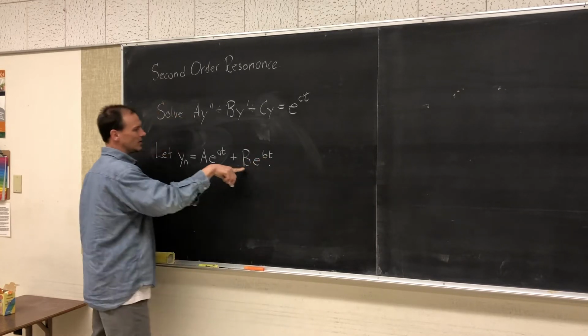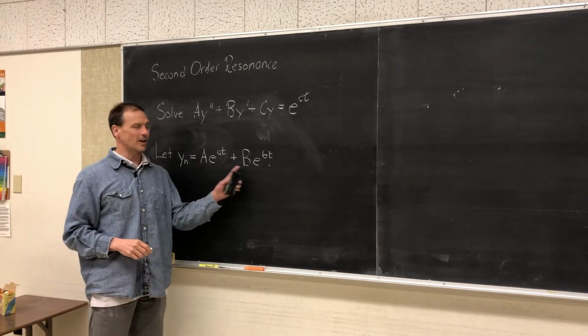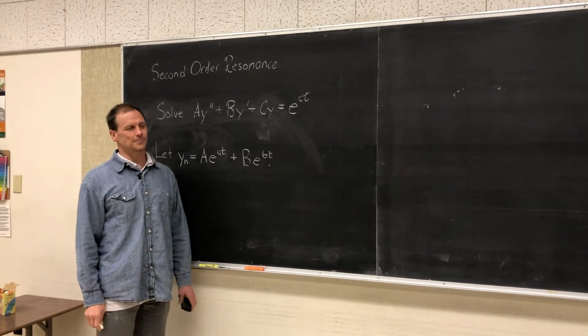These are just some constants. I could use C1 and C2, but we're going to be using these letters a lot, and those get kind of hard to keep track of.